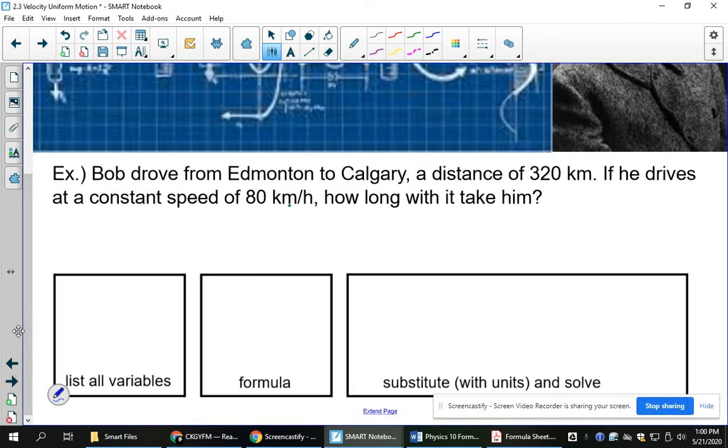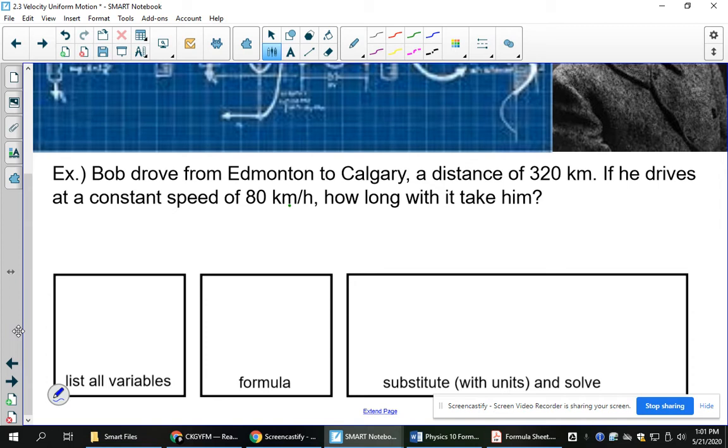Let's do another example. As I read it, write the number of sig digs that you see above each number. Bob drove from Edmonton to Calgary, a distance of 320 kilometers. If he drives at a constant speed of 80 kilometers per hour, how long will it take him?